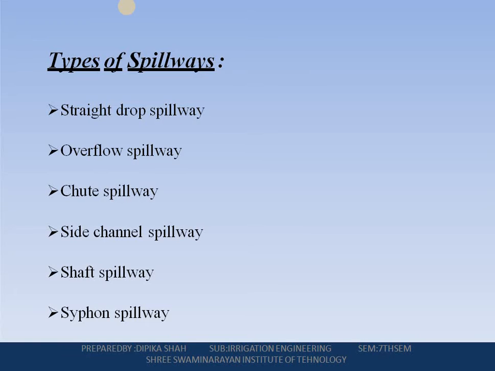We can also say a free overfall spillway. The second one is the overflow spillway, that we can also say is an ogee spillway. Third one is a chute spillway, side channel spillway, shaft spillway, and siphon spillway, right? So these all are the types of spillway. So we will see each and every type in detail.